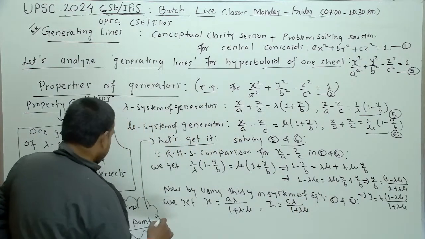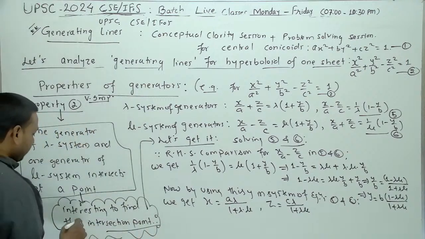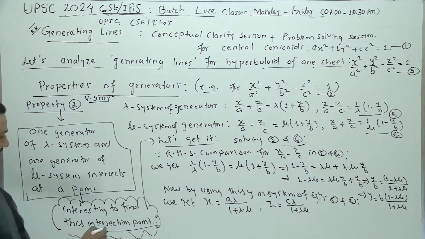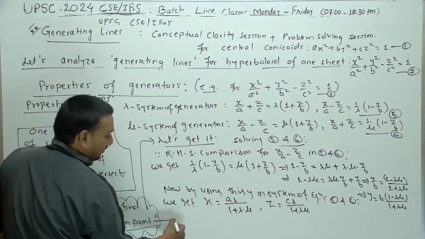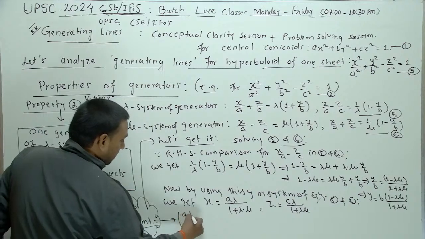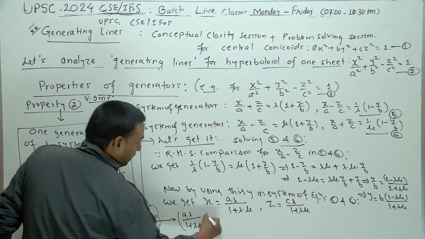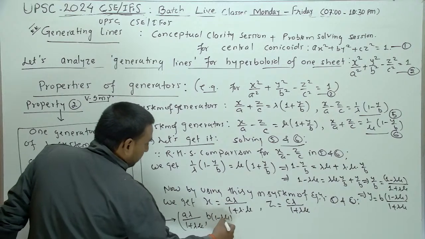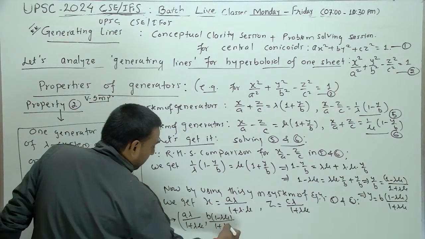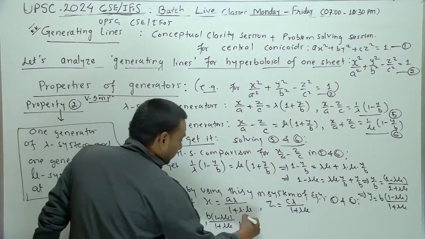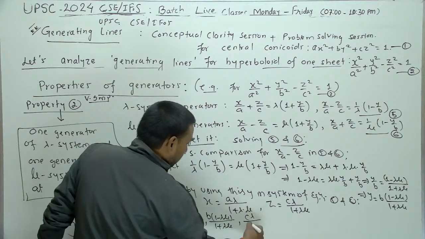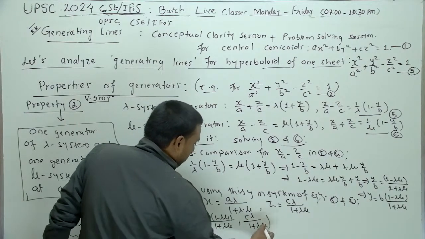So the intersection point is a into lambda upon 1 plus lambda into mu, b into 1 minus lambda into mu upon 1 plus lambda into mu, c into lambda upon 1 plus lambda into mu.